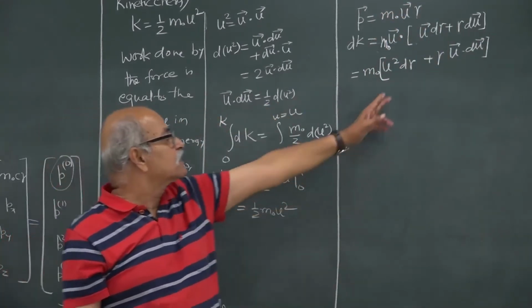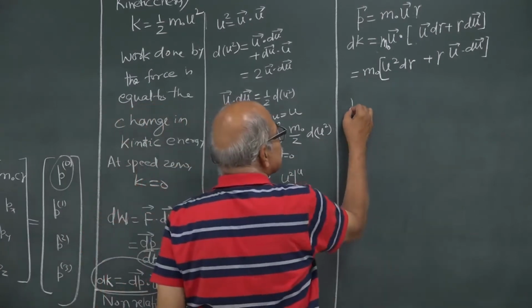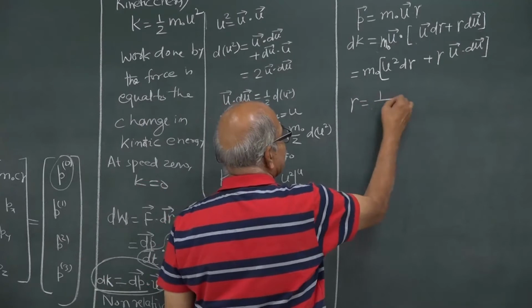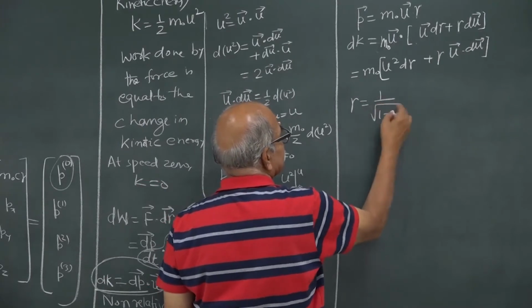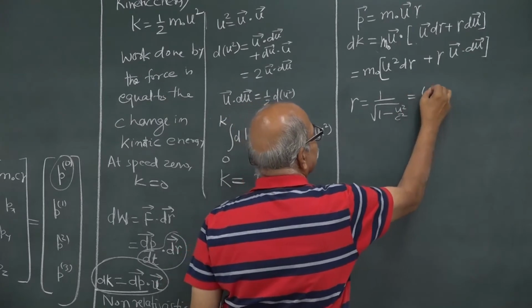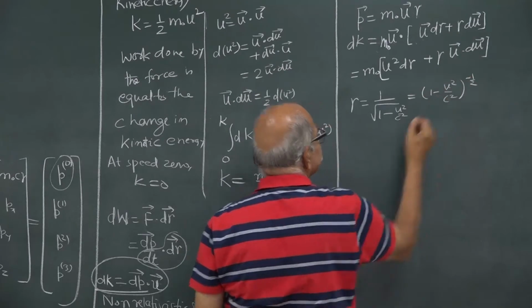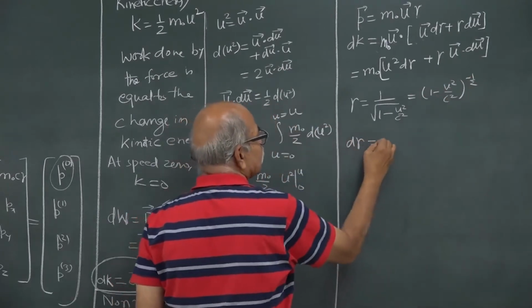Now look at this d gamma. Your gamma is 1 by square root of 1 minus u square by c square, or 1 minus u square by c square to the power minus half. So, what is d gamma?